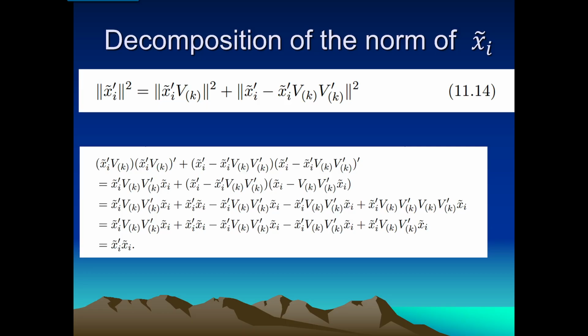So the variability of each point can be decomposed into 2 parts. Because a point in the original p-dimensional space has the part referred to the projection and the part which is orthogonal. This is the Pythagorean triangle, nothing more. This is the sum of these 2 quantities.